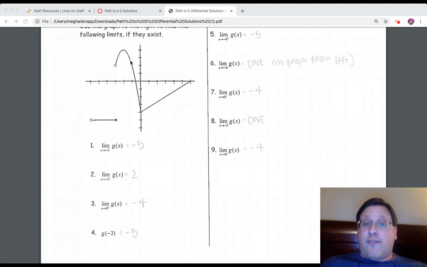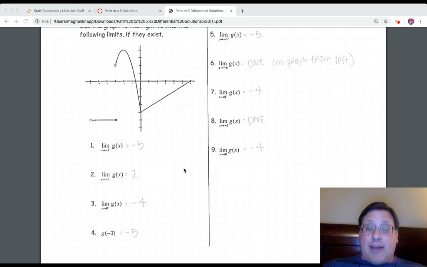But if we're coming from the right-hand side, that's where we're getting towards this 2. If they had asked the question here in number 8, what's the limit as we approach -3 without looking at a side, that's when we get does not exist.